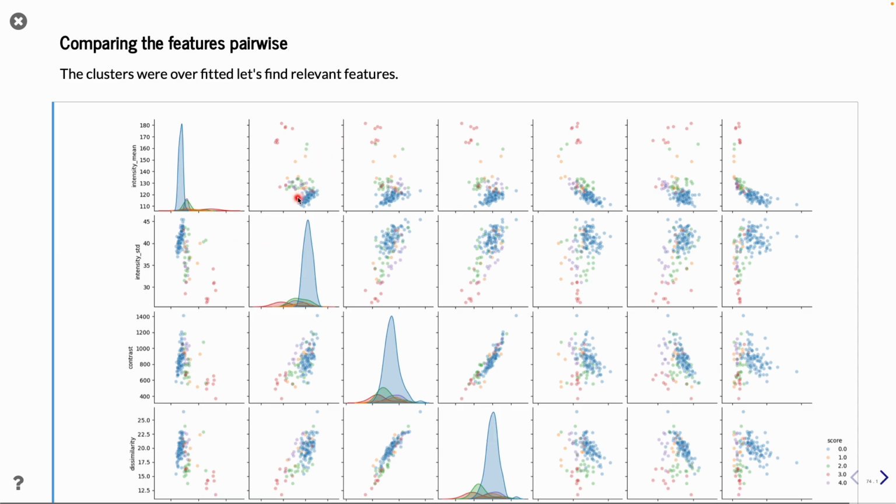We can see that there are some groupings between the standard deviation and the mean. It's more and more overlapping over here. So let's do a very reduced example where we only look at the intensity standard deviation and the intensity mean of these patches.